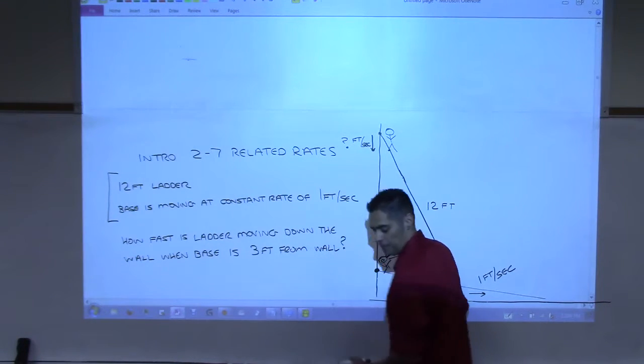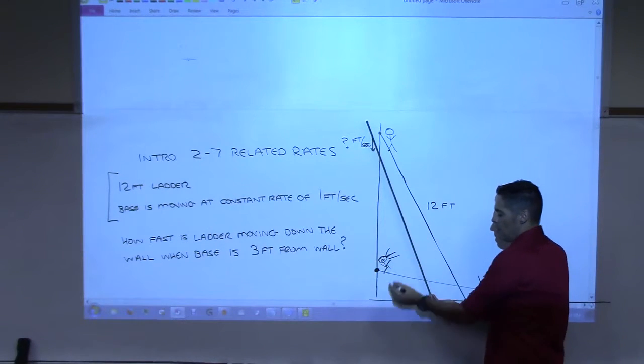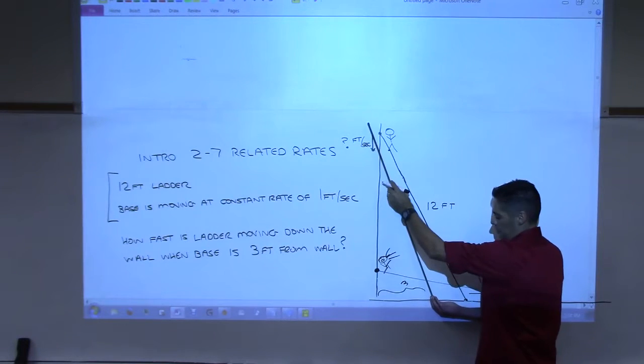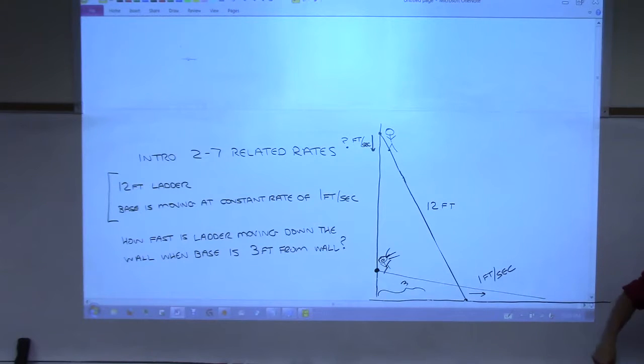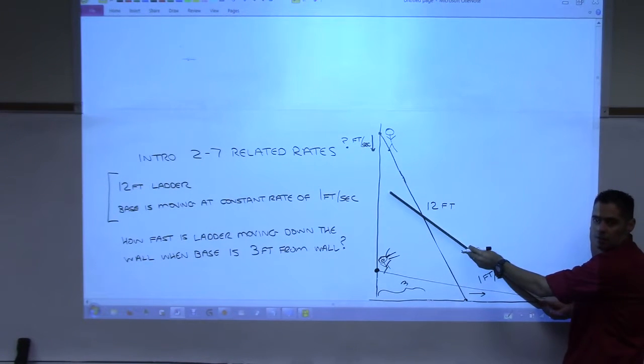That's the question. So that meant, as I was pulling this away, at the moment that this distance is 3 feet, how fast was that point coming down? And then I could ask myself, what would happen at 10 feet, right?